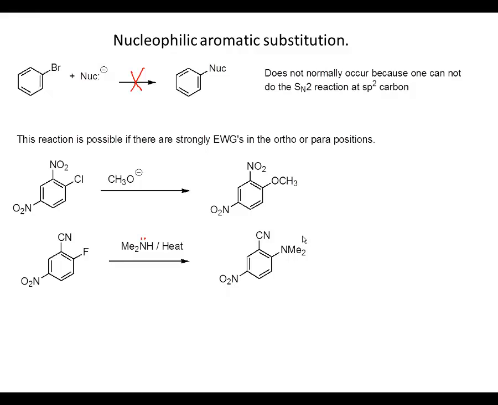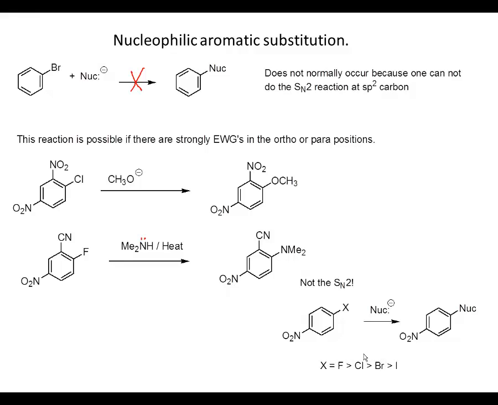Okay, let's look at the mechanism and some of the trends in nucleophilic aromatic substitution. It's not the SN2. We'll see that when we look at the mechanism. And we have a very strange ordering here. The best X to have is fluorine, better than chlorine, better than bromine, better than iodine.